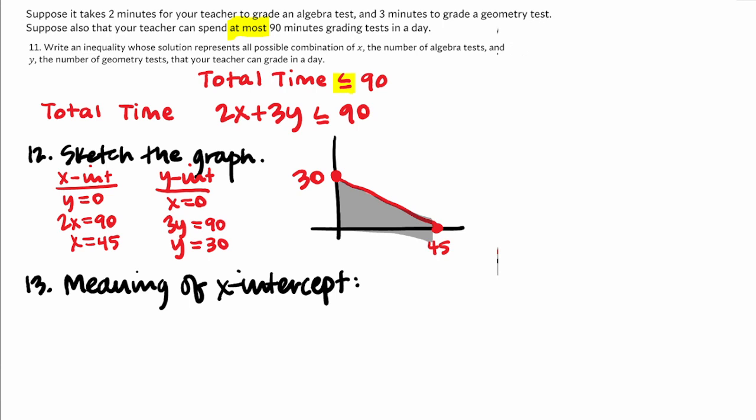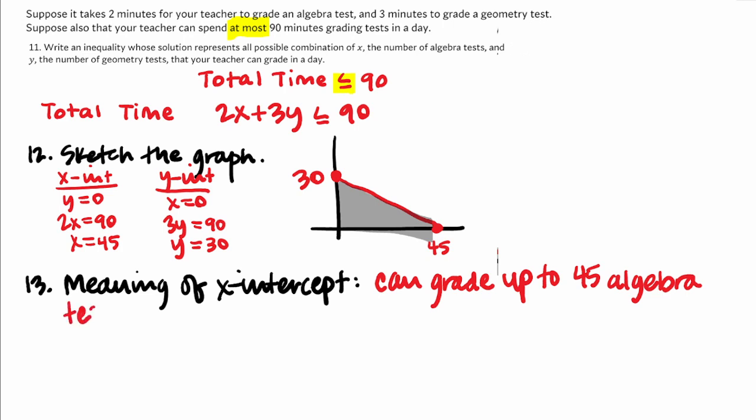And what that means is that if I decided to grade only algebra tests, right? y equals 0, that's 0 geometry tests. If I decided to grade only algebra tests, I could grade up to 45 in a day. So I would say, if I'm not grading geometry.